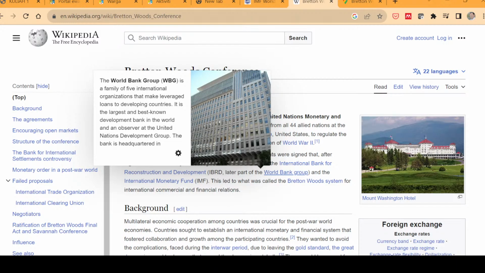Who was the man? John Maynard Keynes. You study in macroeconomics class about Keynesian economics, how government expenditure will help reduce unemployment.